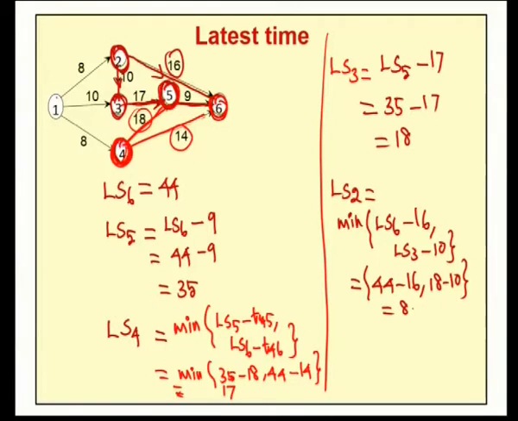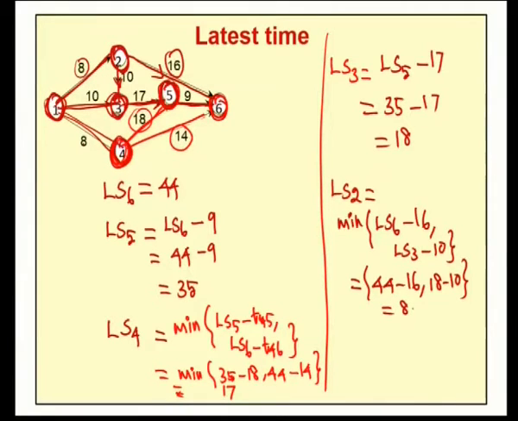The next node is node 1, which is the starting node. For our starting node there are 3 outgoing activities. One is 1 to 2, which assumes 8 hours. Another is 1 to 3, which assumes 10 hours. Another is 1 to 4, which assumes 8 hours.